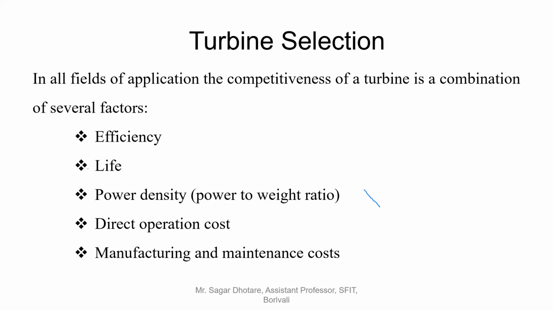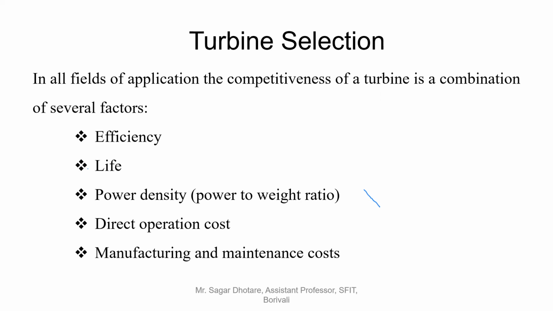Now, how can you select a steam turbine? Whenever we are choosing any component, we should consider some factors. First, efficiency: the turbine we select should have as high an efficiency as possible. Then life, because we initially invest so much money, the life should be long so that we can regain the investment.